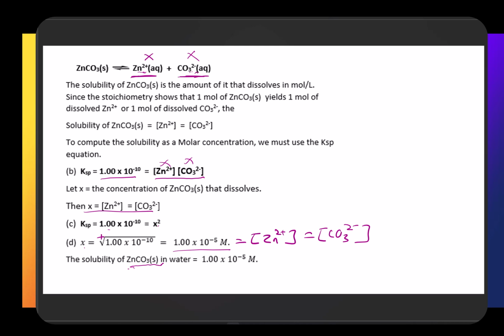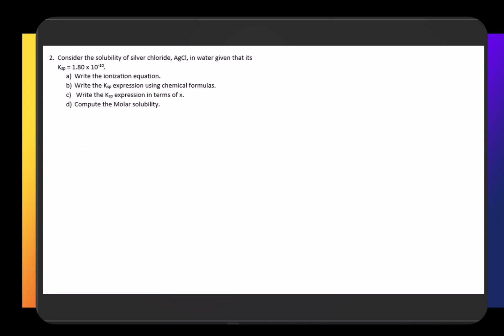If we lose X moles per liter of zinc carbonate, then we form X moles per liter of either product ion. So with that under our belts, why don't you try the next problem, problem number 2. It's going to be on page 502. You can set this one up and solve it in the same way.